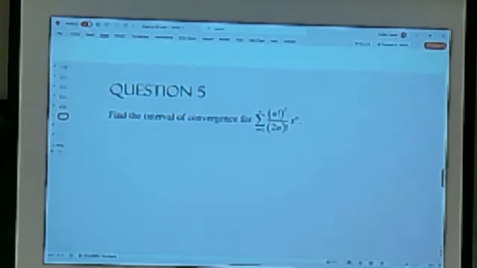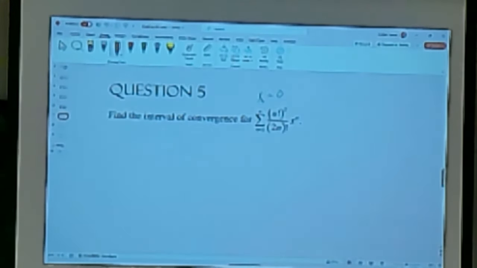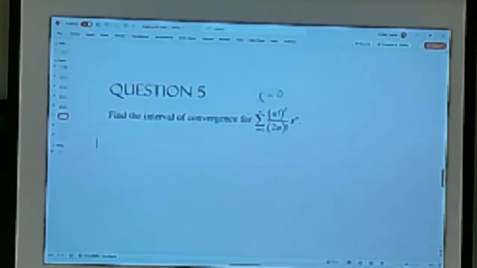What is our x naught? 0. So the limit of the absolute value. What is the n plus 1 term?